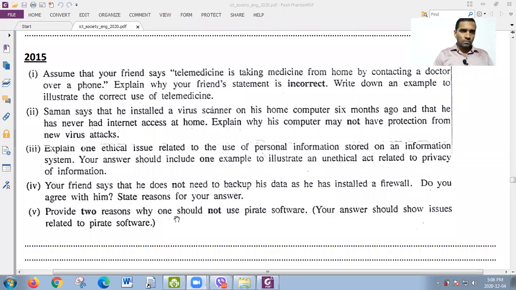We must use the software which has been purchased, right? If you use pirated software, that may be a potential place for malwares. Okay, so these are the 2 reasons. It is an unethical act, and also it is the place where malware is hidden, right? So these are the 2 reasons.